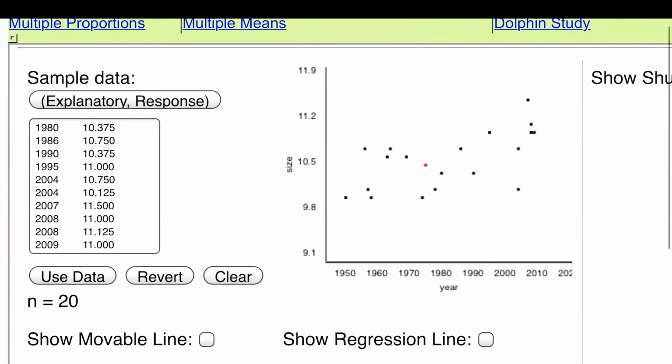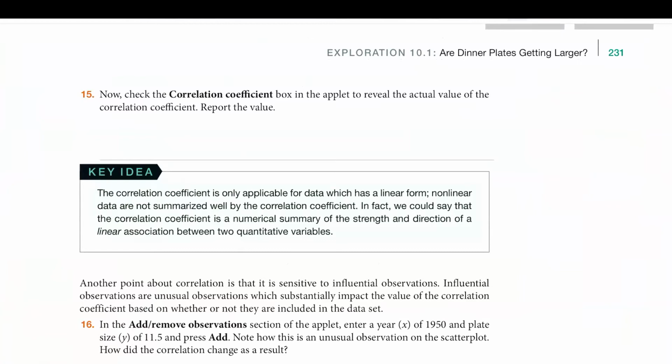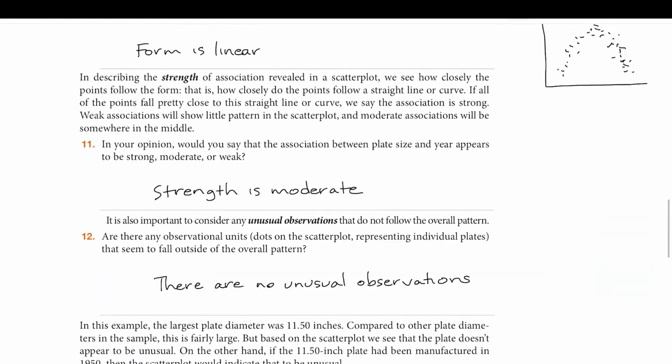Now, there is a way in the applet for you to get the correlation coefficient. There's a little box for that. If you go to the applet and check the box for correlation coefficient, then you'll see r equals 0.604.